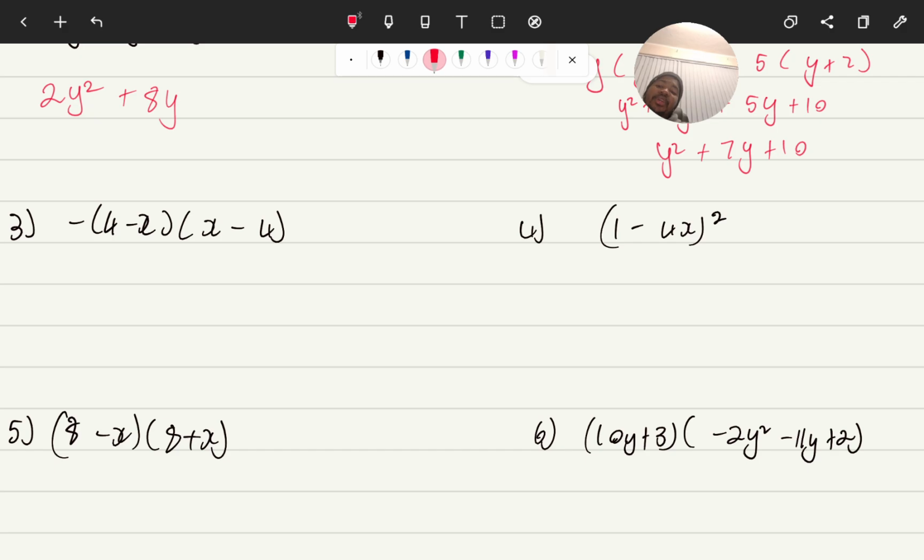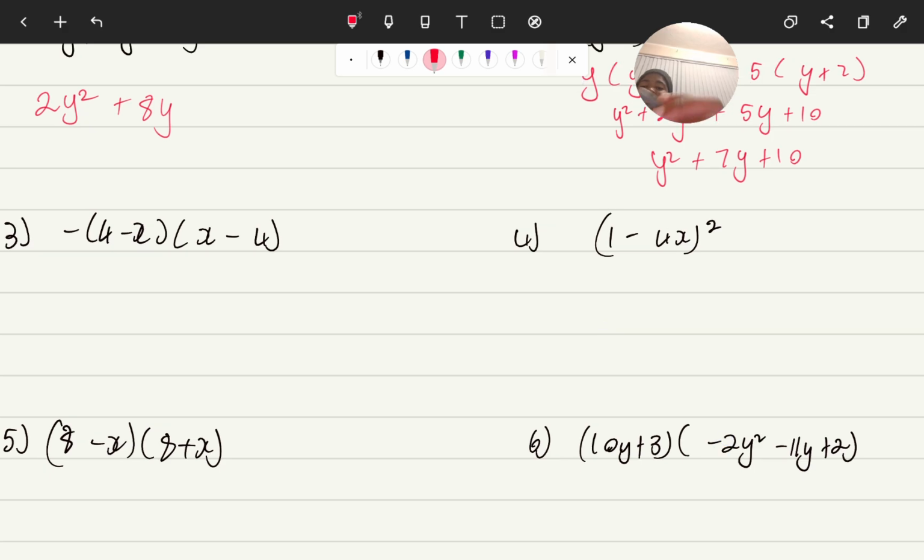This one, you have something very interesting. You can start in many different ways. One of the first is you can take this negative, multiply it inside this bracket, then you will end up having x minus 4, then x minus 4, right? Close bracket.